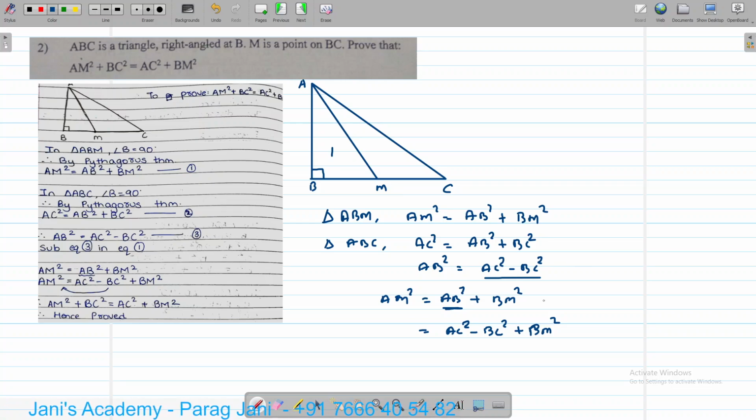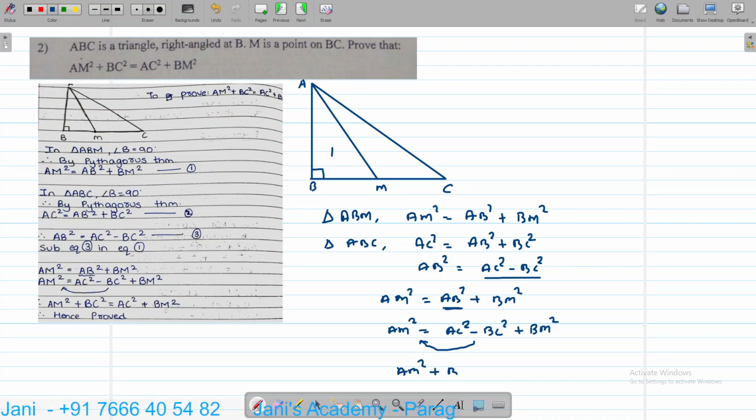You have to just shift the BC square to the other side. So now AM square plus BC square is equal to AC square plus BM square, which is what you were supposed to prove.